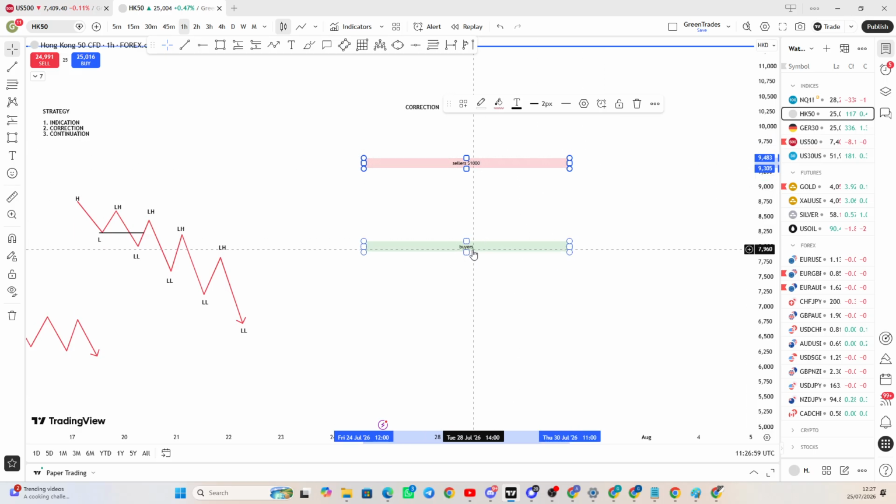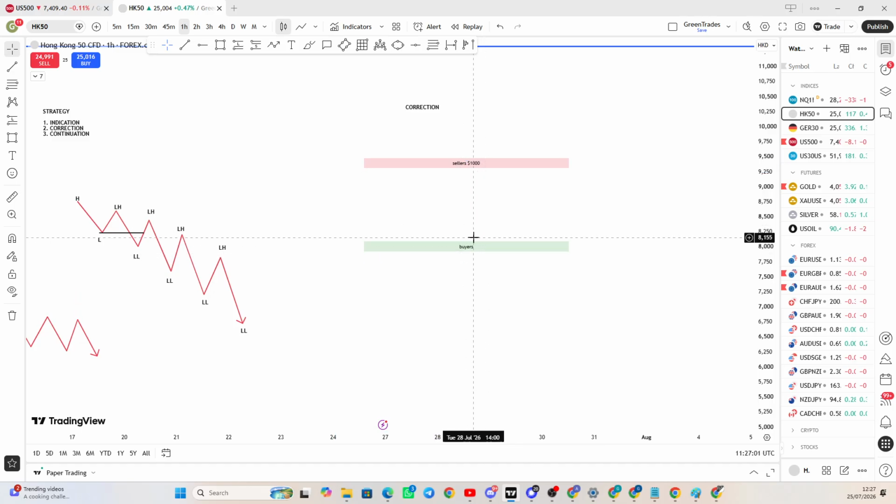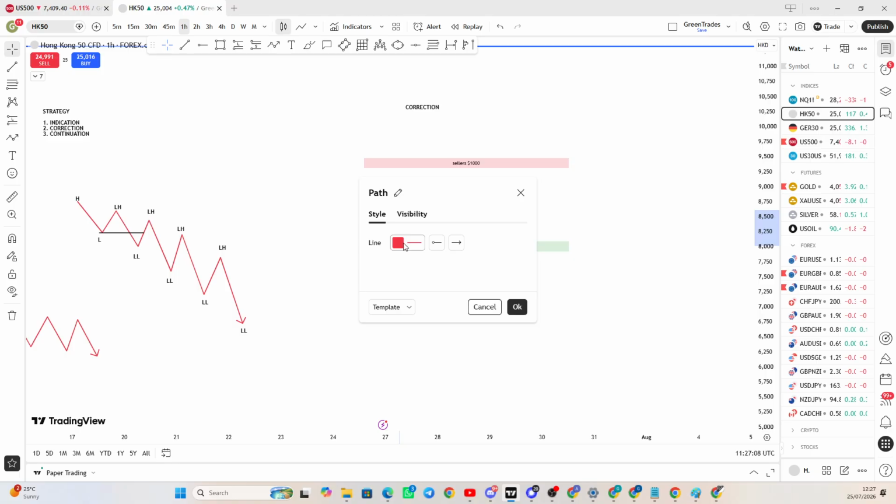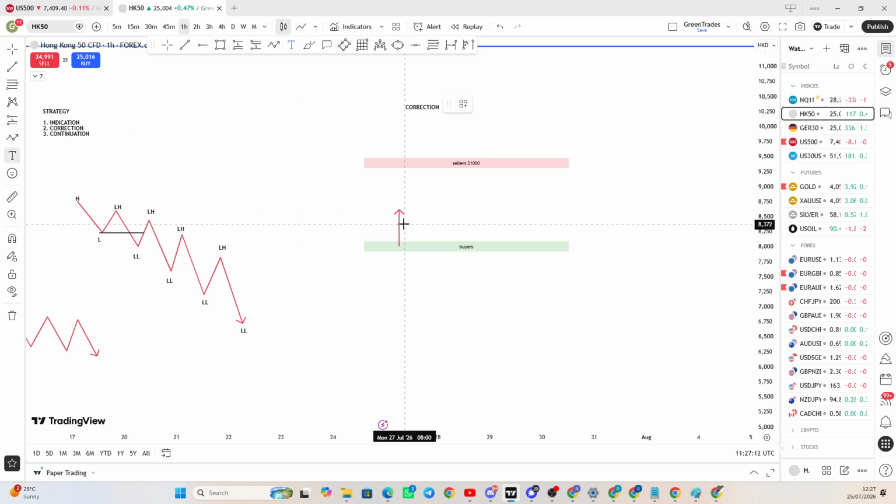And the buyers here only have $200. What that means is that they don't have enough money to break that, because the sellers are charging $1,000 for anybody to go through.